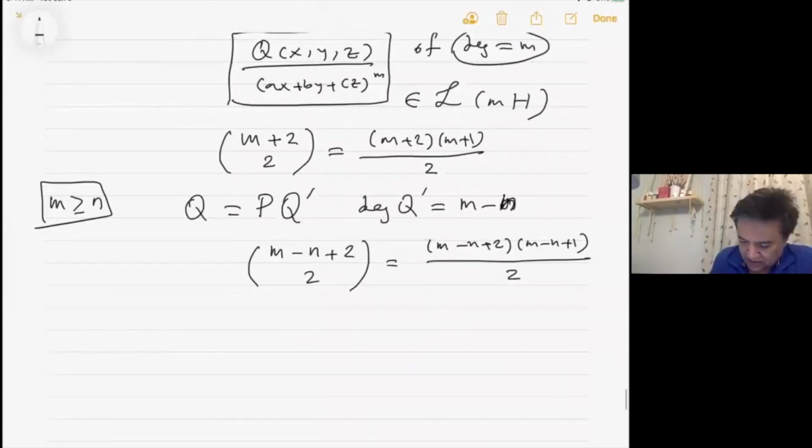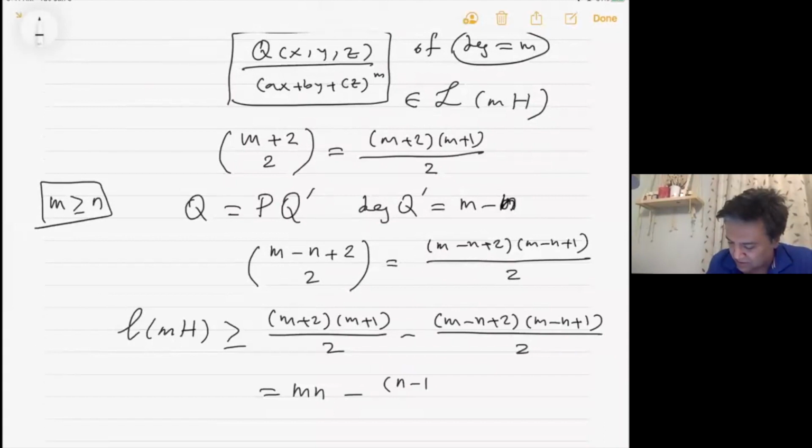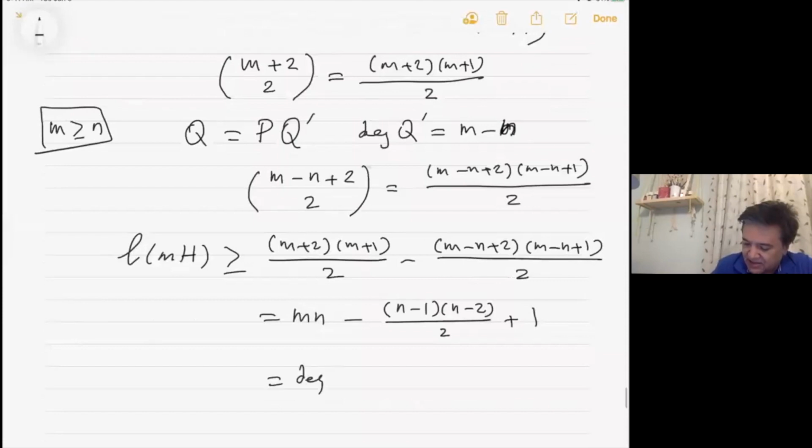So the dimension of L(mH) is bigger than or equal to this difference. And this can be done at your leisure, but trust me, the answer is going to be mn minus (n-1)(n-2)/2 plus 1. And this can be written as the degree of mH minus the genus plus 1.